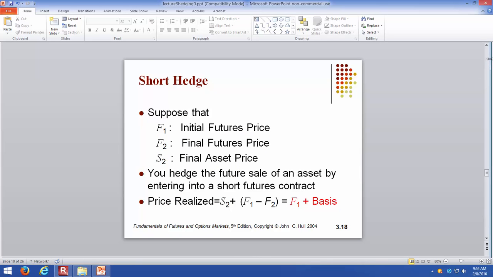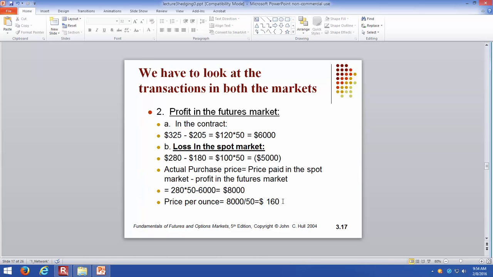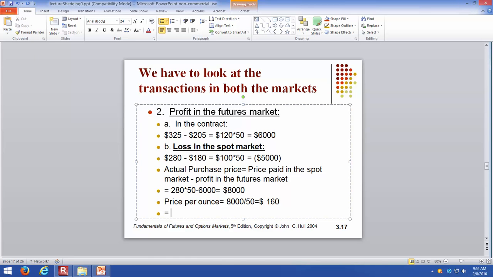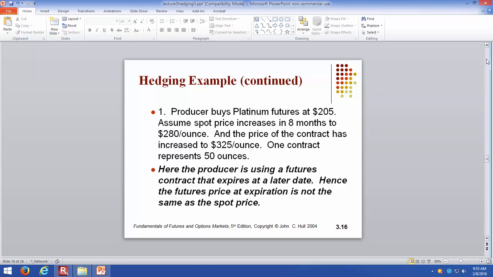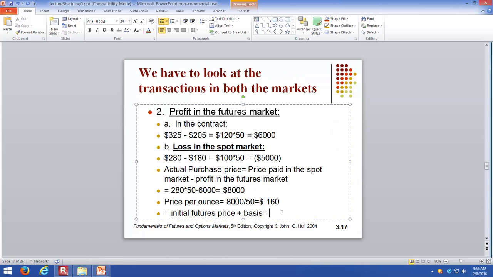Okay, so we can do it also in an easier way, that is F1 plus the basis, or initial futures price. So that is going to be the initial futures price, which was 205, plus the difference between the spot price and the futures price.